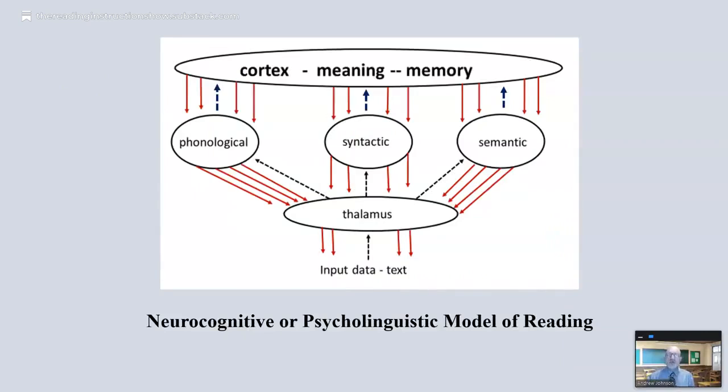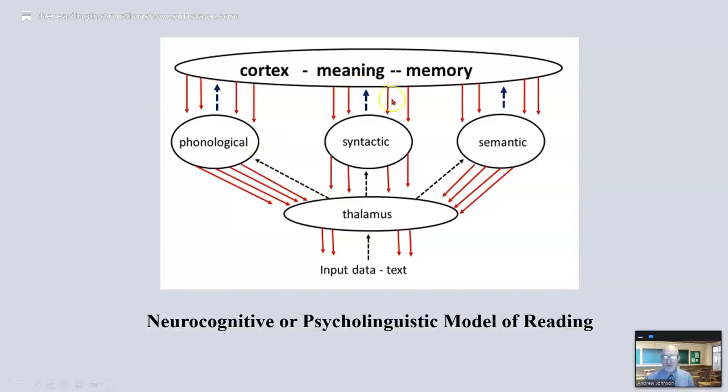But this is called the neurocognitive or the psycholinguistic view of reading. We see the input on the page. That's the data. It goes to the relay station, and then we use 3 cueing systems to recognize the words: phonological, syntactic, and semantic. And we'll talk about that in a minute.